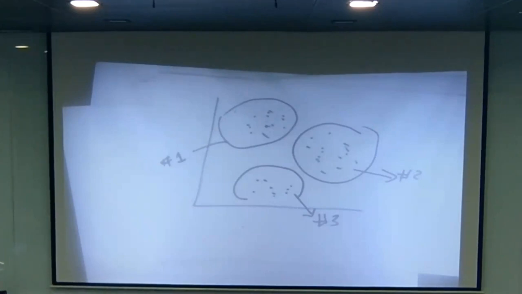So two of you may belong to the same cluster when I measure you with respect to X1 and X2, but when I measure you with respect to X3 and X4, you may be very far apart. So that's the name of the game.